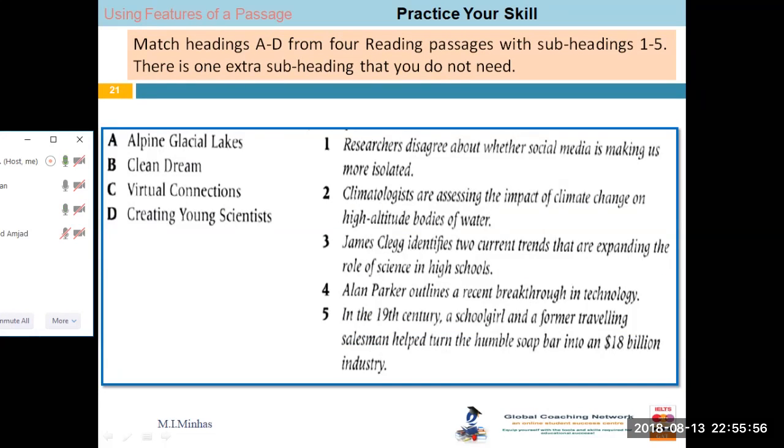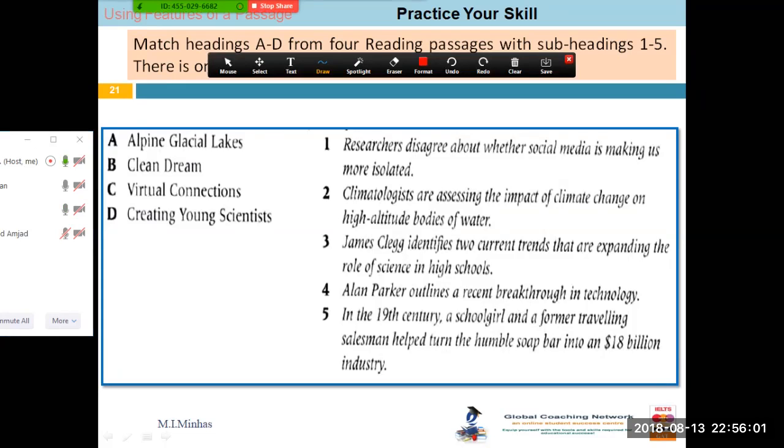Okay, now here are four headings in front of you on the left side, A, B, C, and D. And in front of these four headings, there are five subheadings. There's one extra subheading, right?